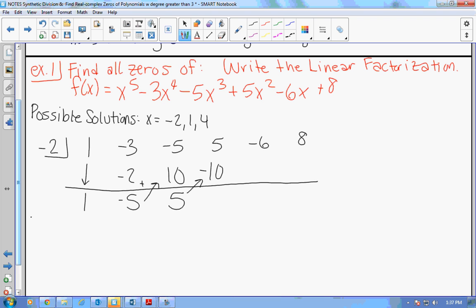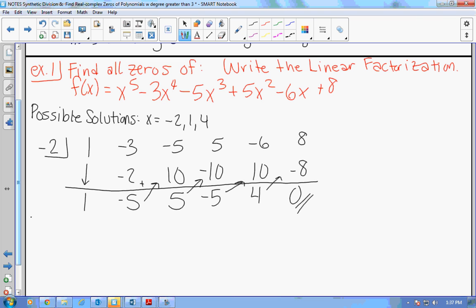Add up the column. Multiply by -2. +10. Add up the column. 4. Multiply by -2. Add up the column. So what does this tell us if we get a 0?